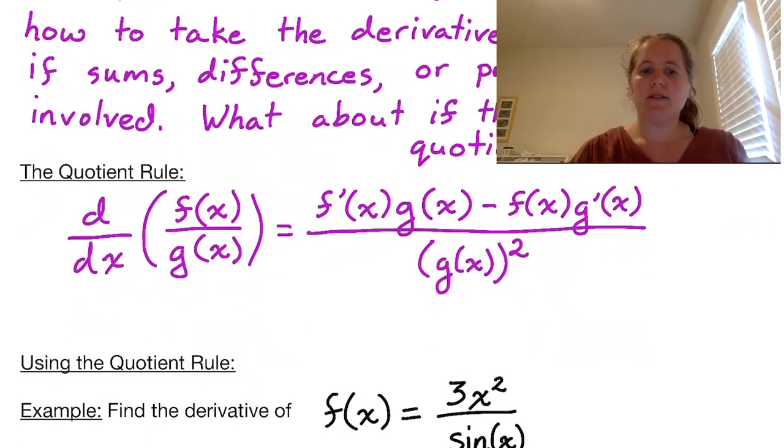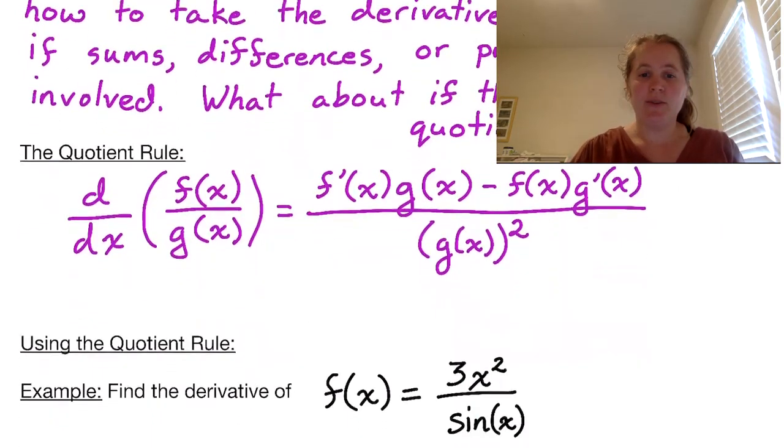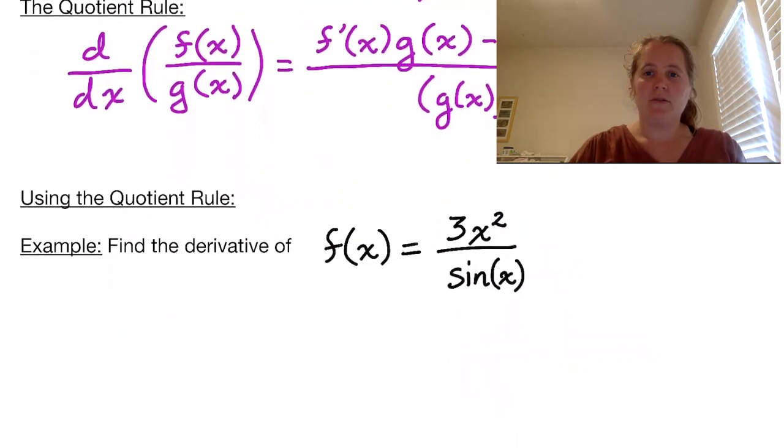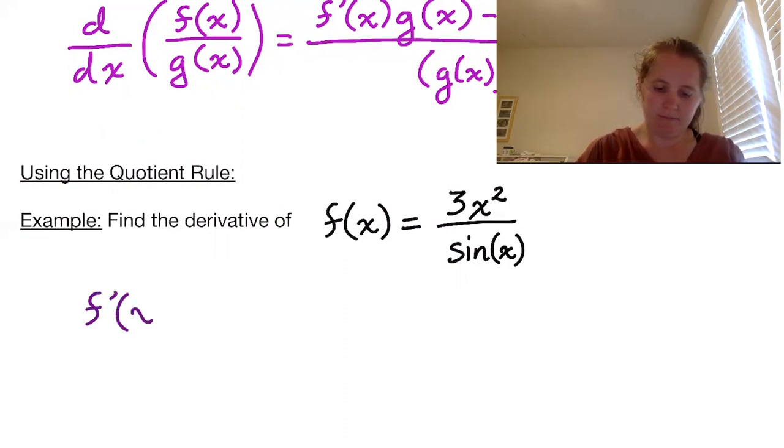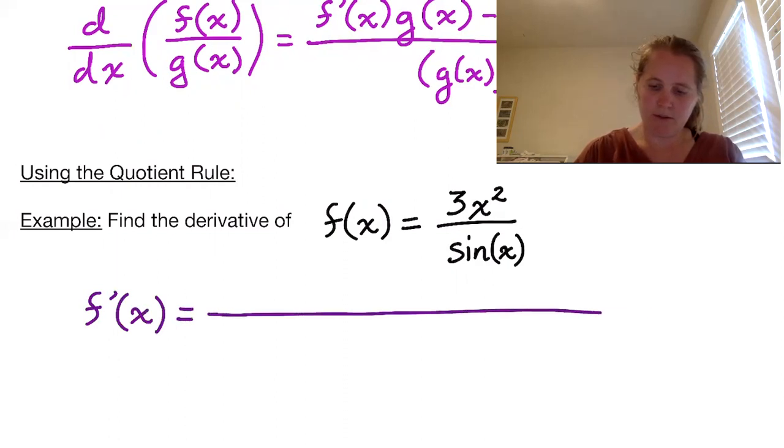So let's go ahead and just take a look at a couple of examples. First up, let's find the derivative of f of x equals 3x squared divided by sine of x. So we know that f prime of x is equal to, we have a quotient, so we're going to have a big fraction bar.